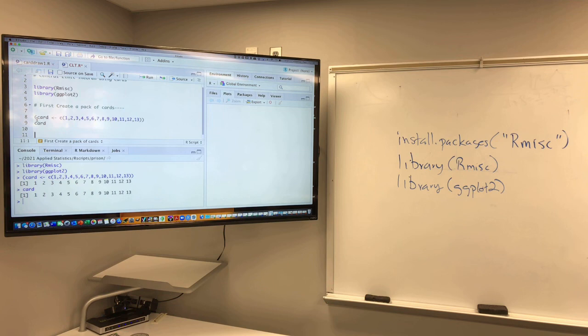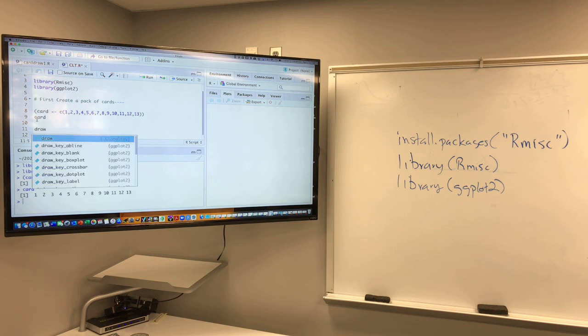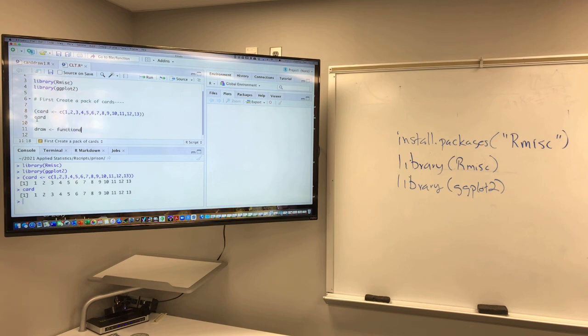Now we're going to write a function. This is going to be your first, maybe it's going to be your first R function, I'm not sure. So we're going to make a function, we're going to call it draw. And this is a function that we're going to run on card. And then the open squiggly brackets is what you want next.